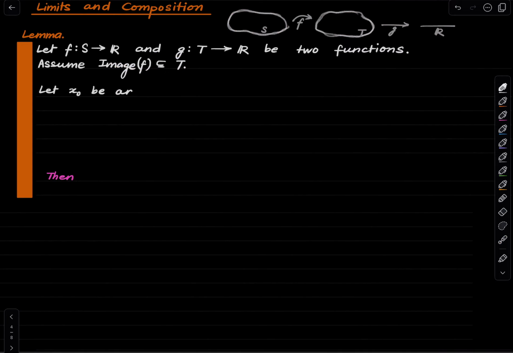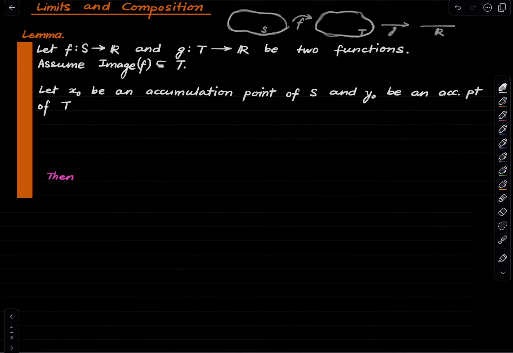Okay, and let x0 be an accumulation point of S, and y0 be an accumulation point of T, such that this is equal to y0, and also assume that this limit exists and is equal to some real number m.